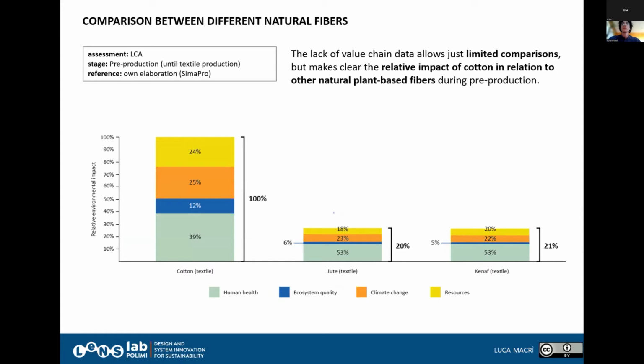So the relative impact is way higher than the other two. And you can imagine why, because cotton has a lot of requirements in terms of water, in terms of fertilizers, in terms of procedures for fields to grow and to be then manufactured.